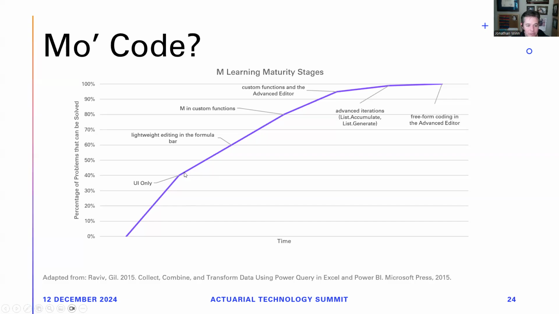Even with just a little bit of editing M, you can increase that to 60%. And then you can see it levels off here. But all of this is just to illustrate that you can do quite a bit without having to burn the midnight oil and learn yet another language to get the job done when it comes to extracting, transforming, and loading data into your workbook.